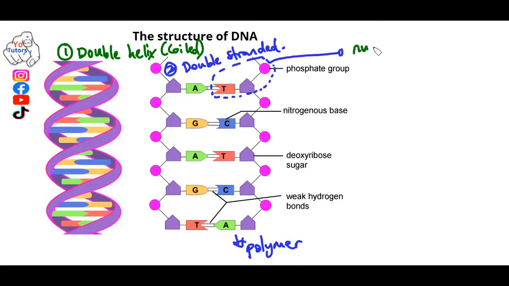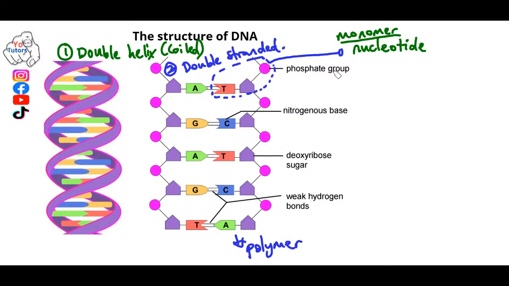So the building block of your DNA is a nucleotide, and we refer to it as the monomer of the DNA structure. But a nucleotide is made up of three things.